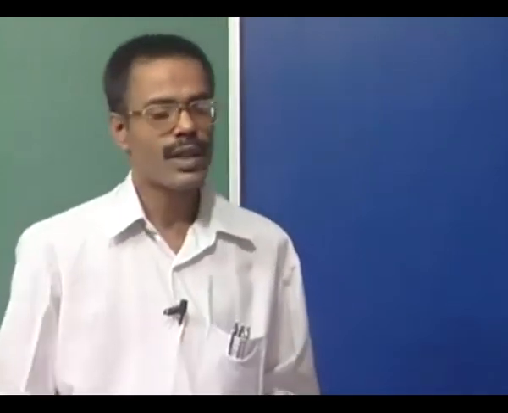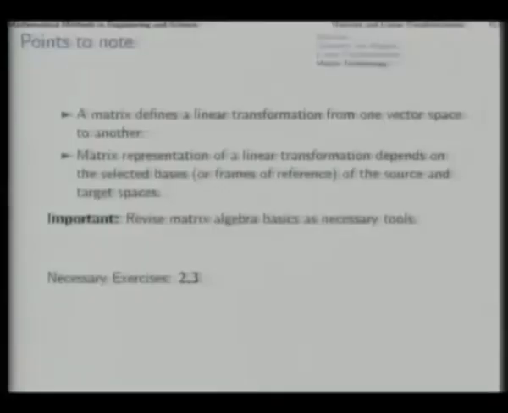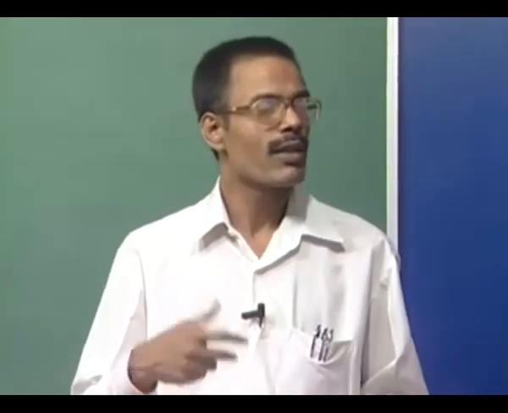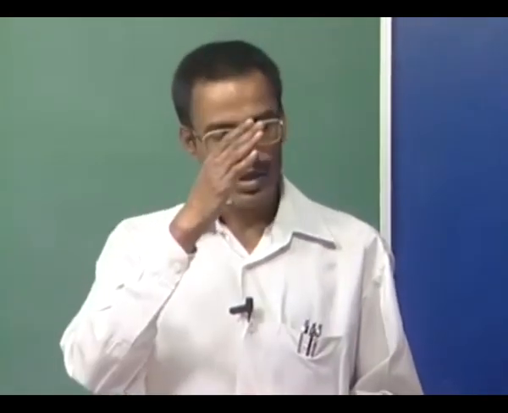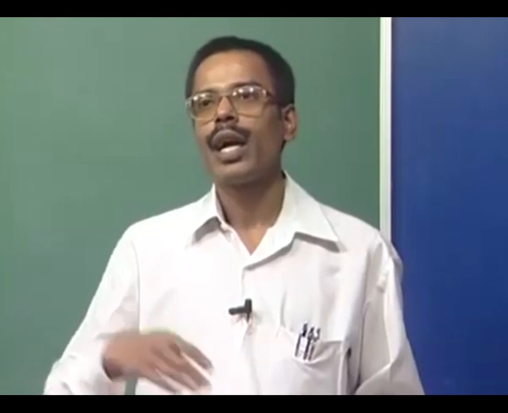In this lesson, the important issues that we came across are these two. One, a matrix defines a linear transformation from one vector space to another, and second, the matrix representation of a linear transformation depends upon the selected basis or the frame of reference of the source space and the target space.